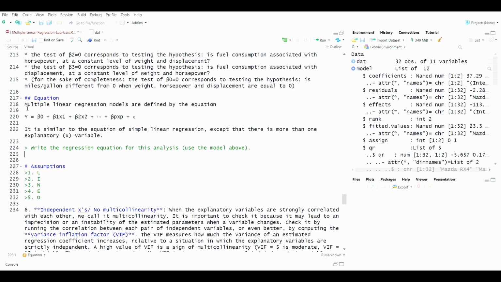Remember to say, instead of y, what's our y variable? Miles per gallon, right?